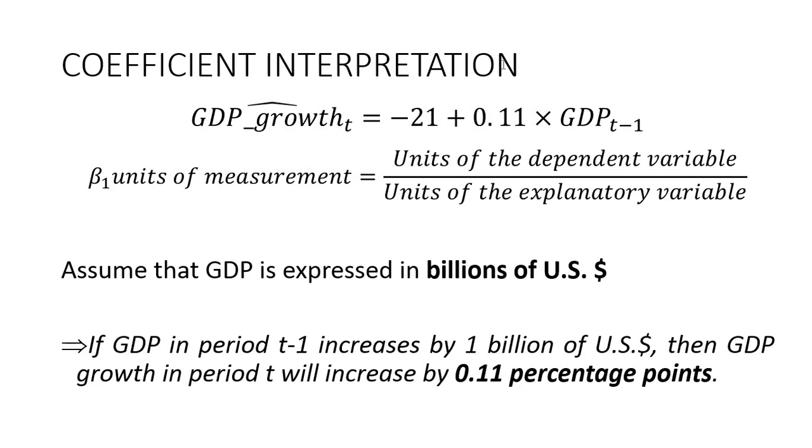In our case, beta 1 is equal to 0.11, and first we assume that GDP is expressed in billions of US dollars. So based on the obtained value of beta 1, we can conclude that if GDP in period t minus 1 increases by 1 billion of US dollars, then GDP growth in period t will increase by 0.11 percentage points.